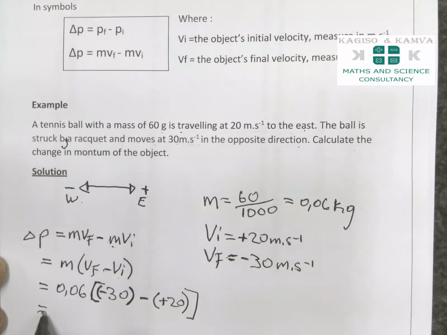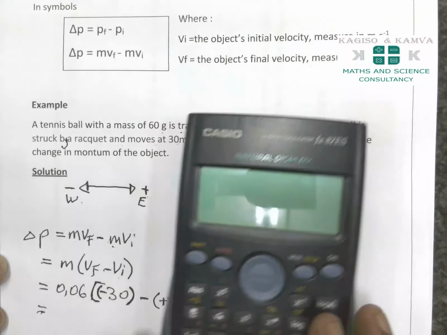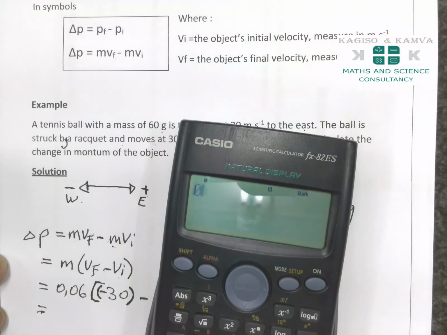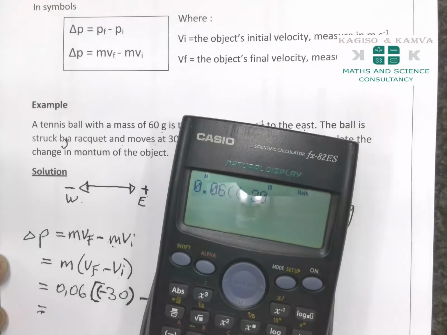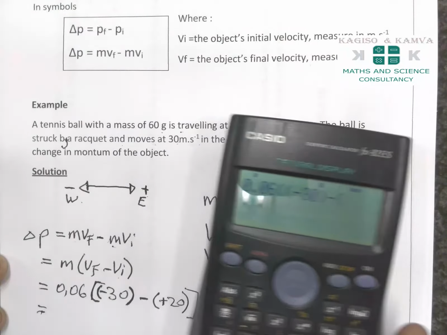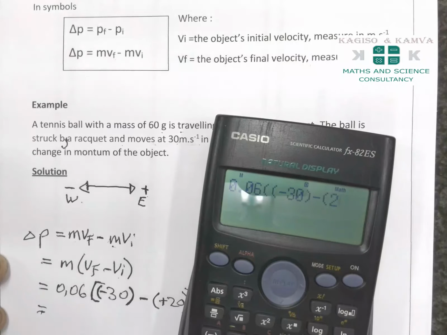So we can punch this into our calculator: 0.06 into negative 30 minus 20.